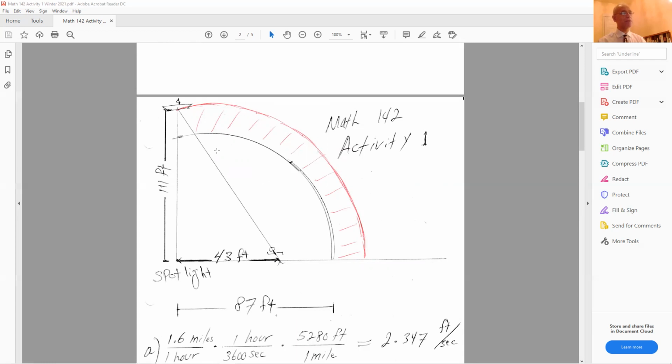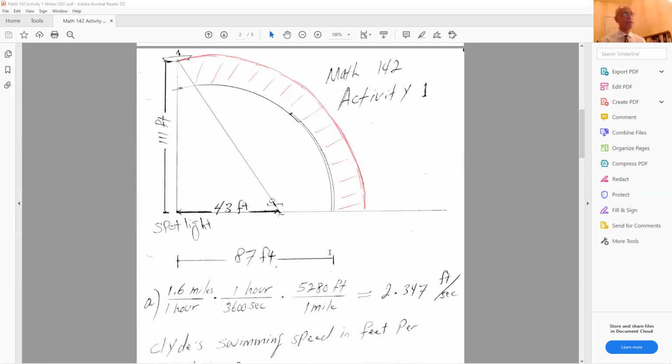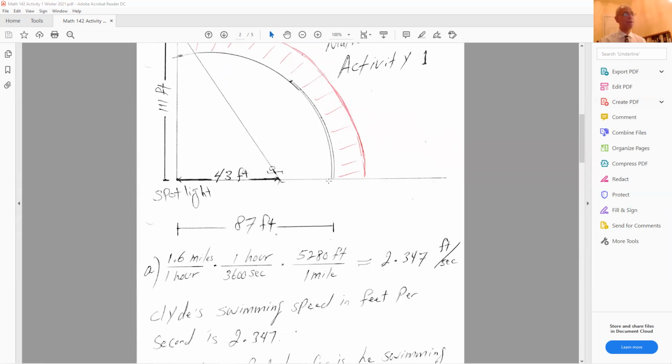If you think of this horizontal line as your x, and this vertical line as your y, you can see that this point right here where the boat is 0, comma 111, and this point right here is going to be 87, comma 0.